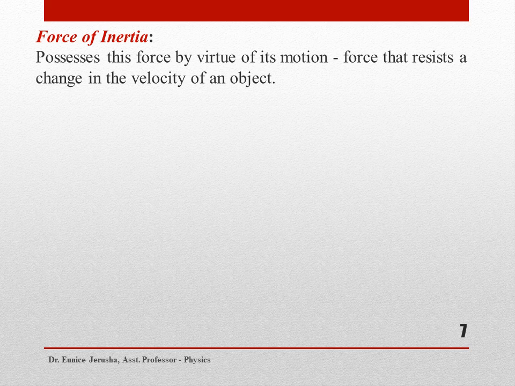This force resists a change in the velocity of an object and is given by F proportional to the acceleration d square y by dt square. In order to remove the proportionality sign, we introduce a proportionality constant, the mass of the object, and we have therefore F equal to mass into the acceleration d square y by dt square.